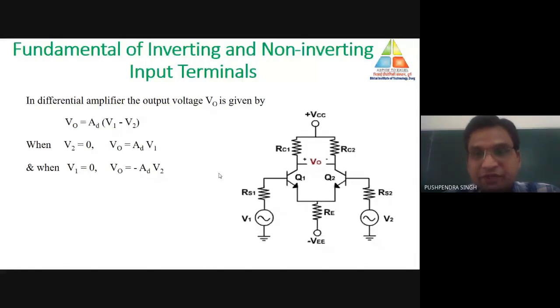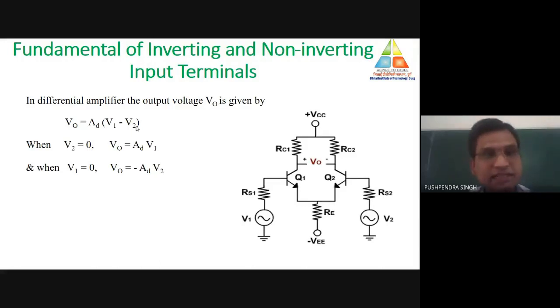As we know, in case of differential amplifier, the value of output voltage can be given as V0 equal to AD into (V1 minus V2), where AD is the differential mode gain and V1 minus V2 is the input signal applied at the base terminal of transistor number 1 and transistor number 2.